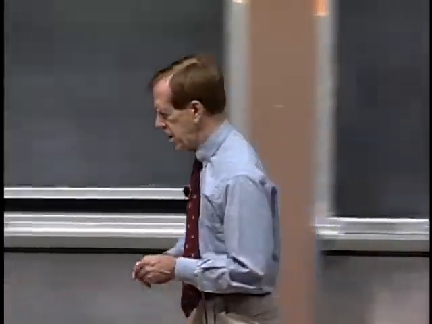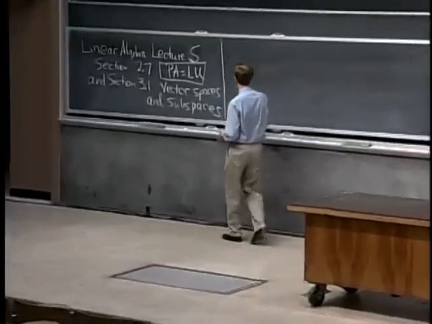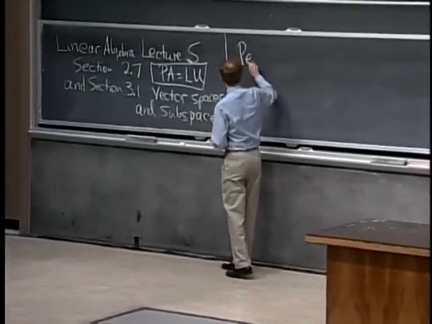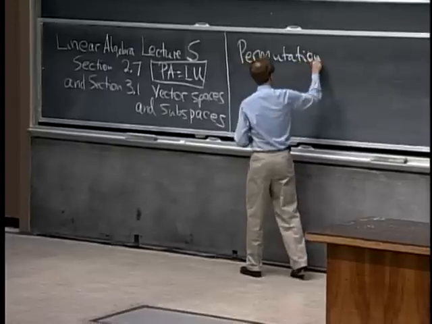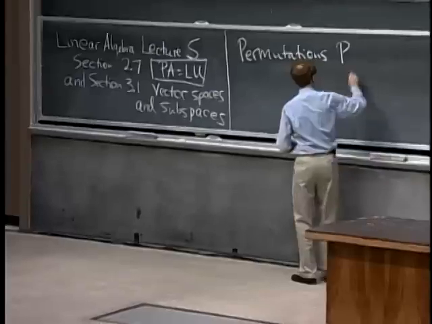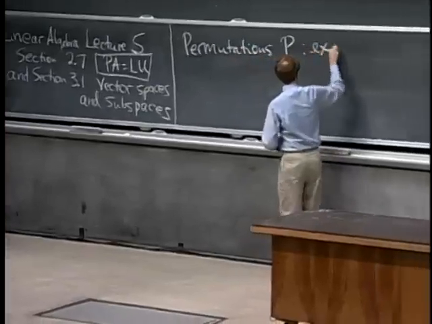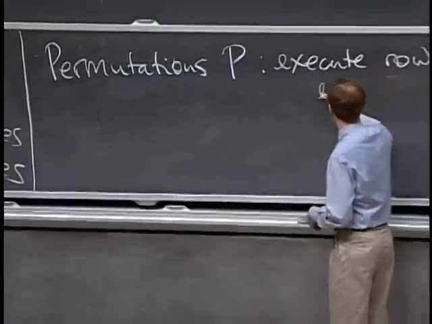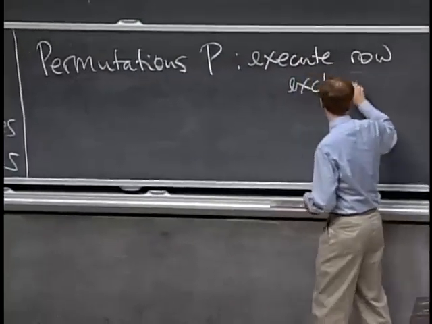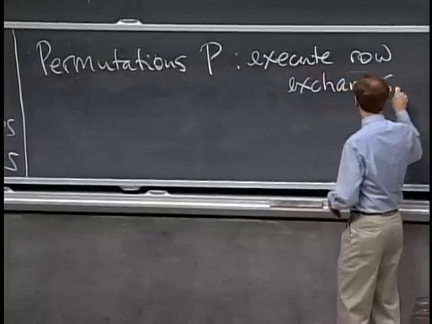Okay, so to begin with permutations. These permutations, those are matrices P, and they execute row exchanges. And we may need them.